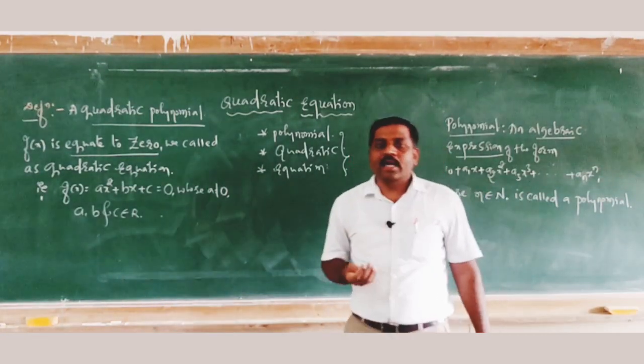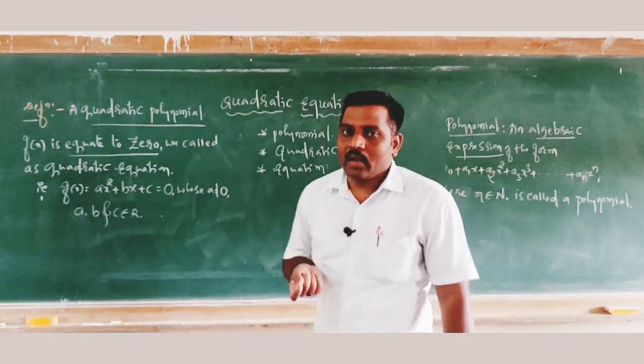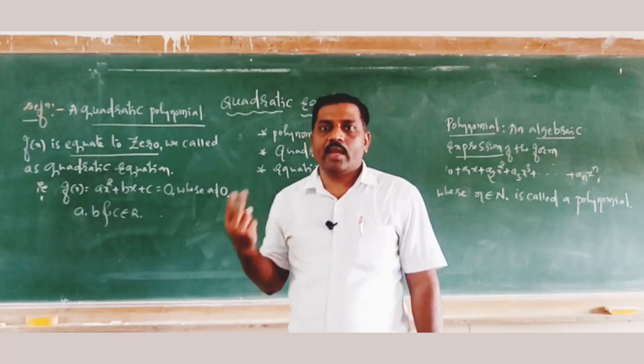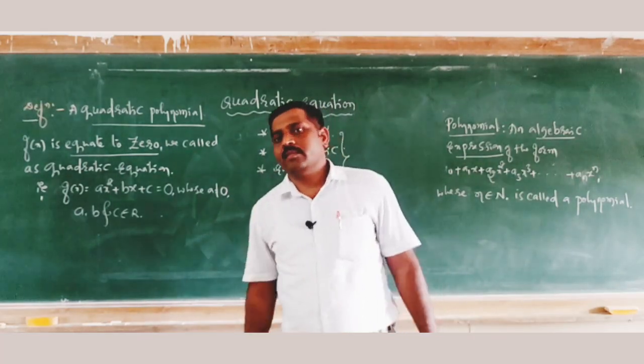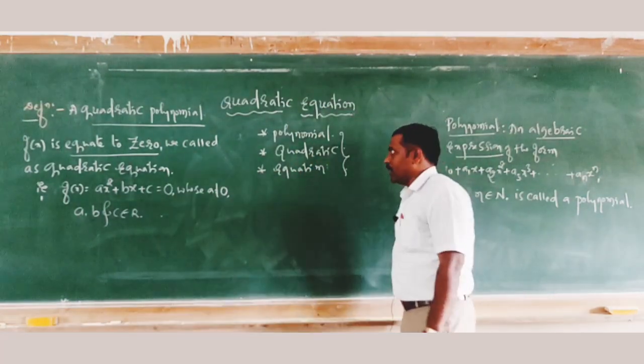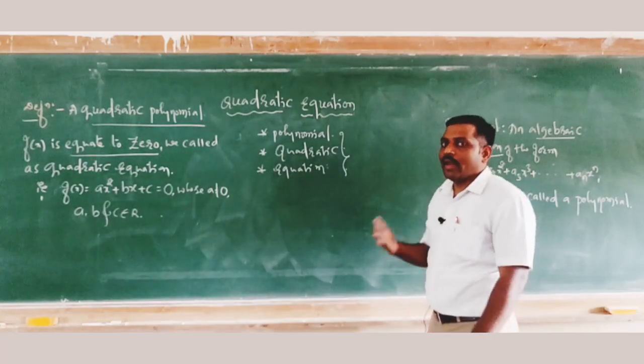The word itself says polynomial. Poly means many, nominal means terms: an expression involving many terms.